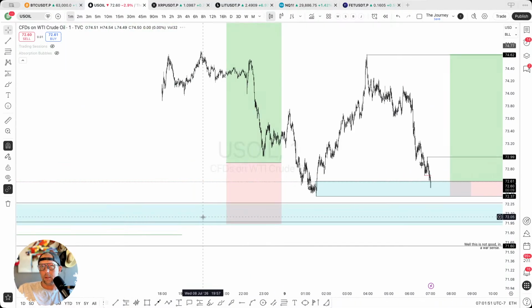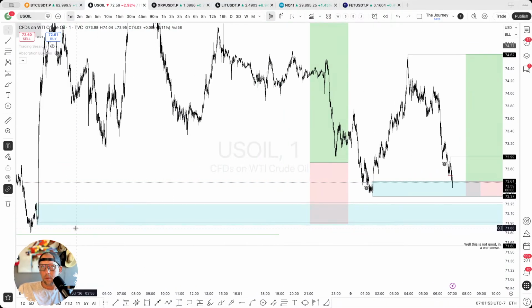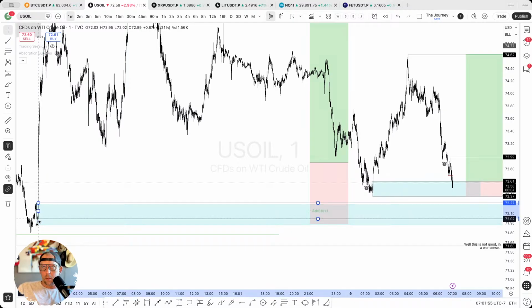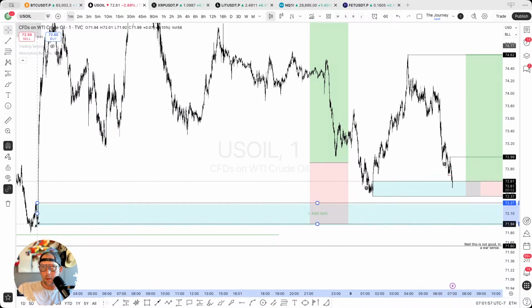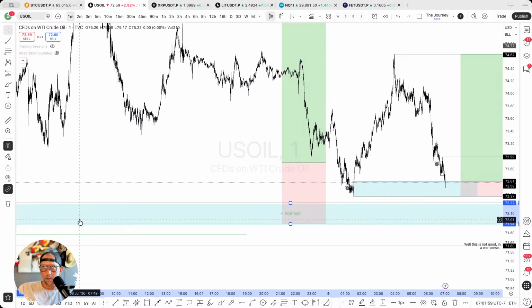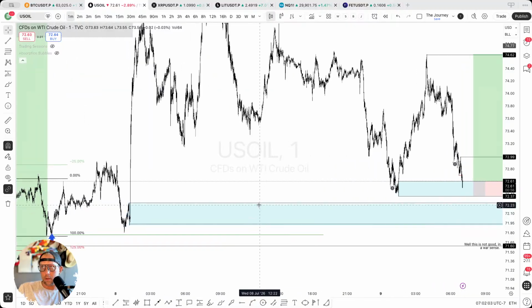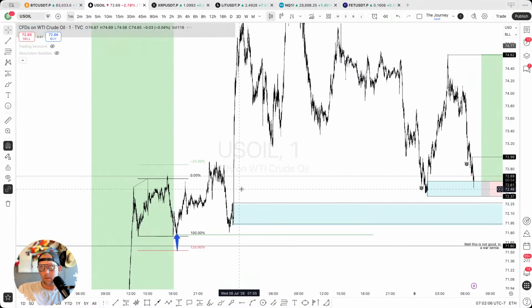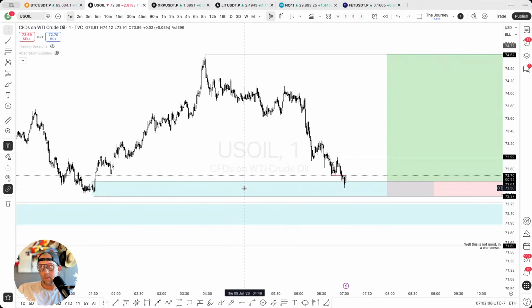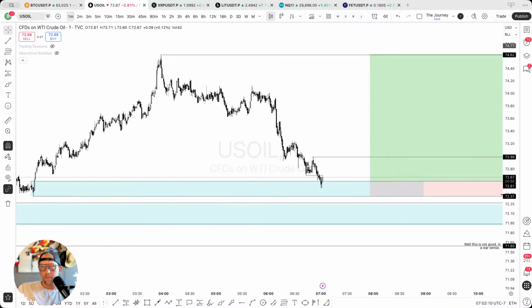Oh, box, you are drawn incorrectly. Get on the damn wick. Let's get rid of this because we're not working on that idea anymore. Oh, fine. Do I do it? Do I not do it? What do I do?